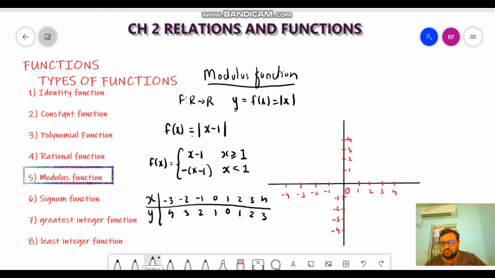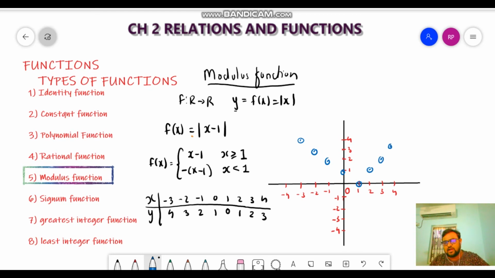So x is minus 3, y is 4. This will be the point. x is minus 2, y is 3. This will be the point. Minus 1, 2. 0, 1. 1, y is 0. x is 2, y is 1. x is 3, y is 2. x is 4, y is 3.